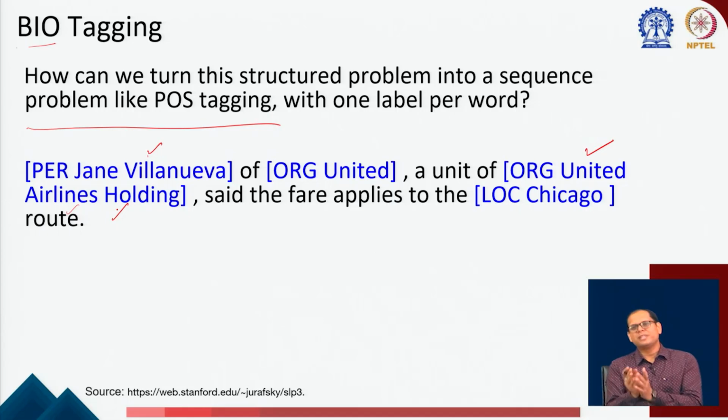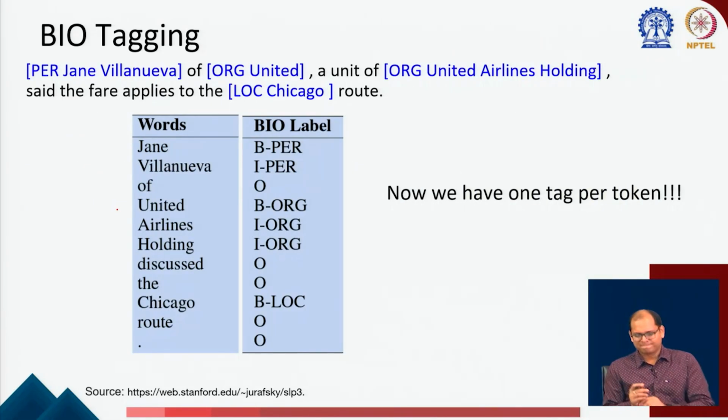Now how would I use this BIO tagging? So what is the idea? BIO means you have beginning of a tag, inside of a tag, and outside. Any word that is not tagged is given O, that is easy.